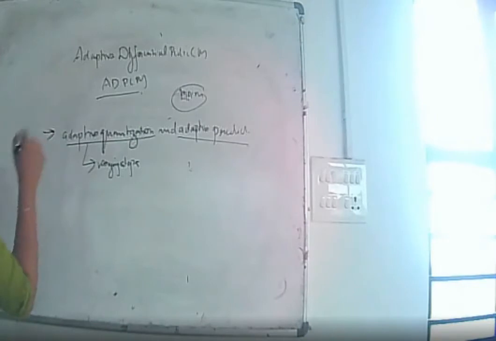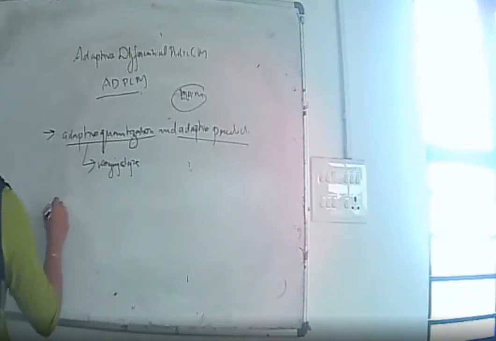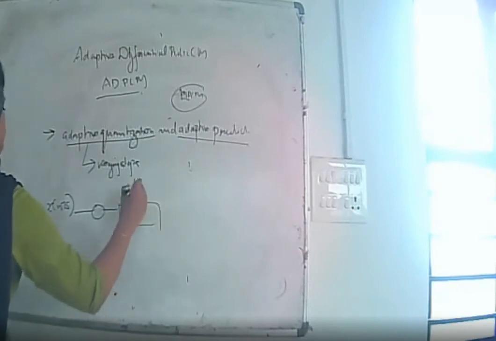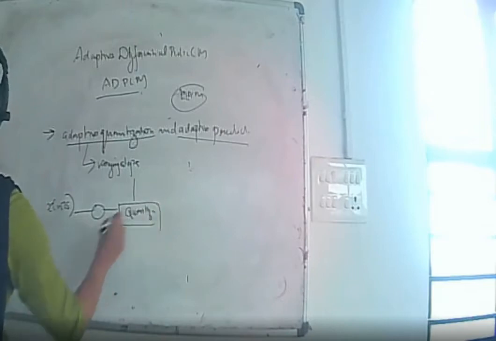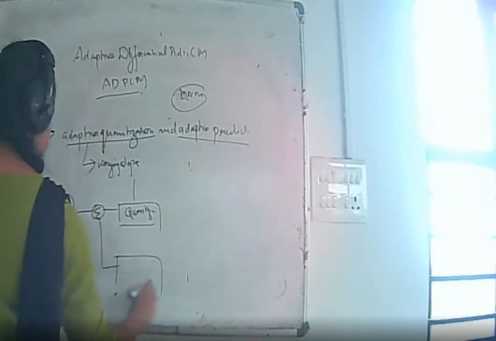Now going on to the ADPCM transmitter. We have x(nTs), which is given to a quantizer, and a prediction filter.